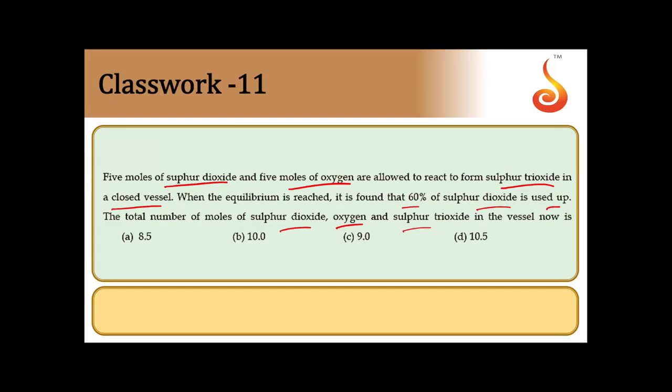So they have given us the initial moles of sulfur dioxide and oxygen gas, reacting to form sulfur trioxide. At equilibrium, 60% of SO2 is used up. Then the total number of moles are?